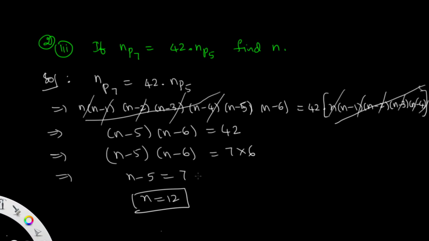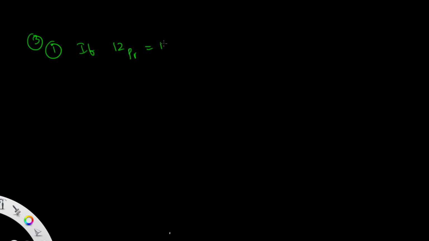Third bit, first question. These are small, very simple problems. If 12Pr equal to 1320, find r.